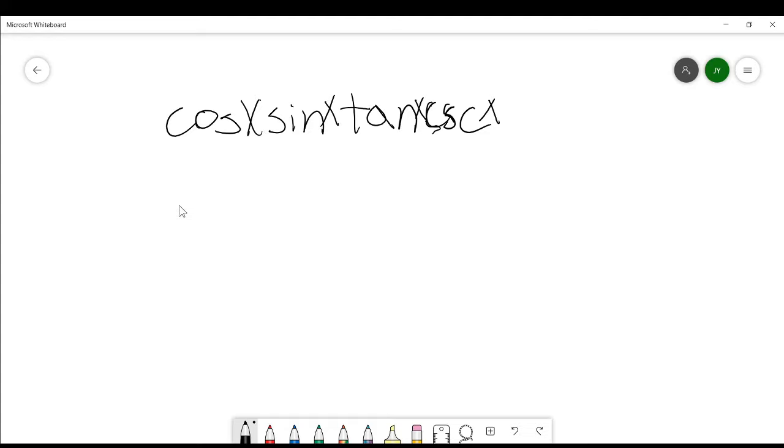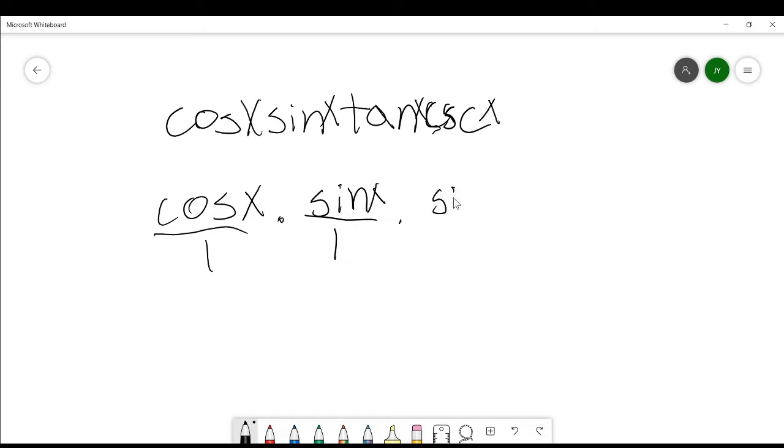All right. Here we have cos x, then times sine. What you want to do is write out tangents so that in case you can simplify them. So here it's cosine over 1 times sine over 1 times sine of x over cosine of x.